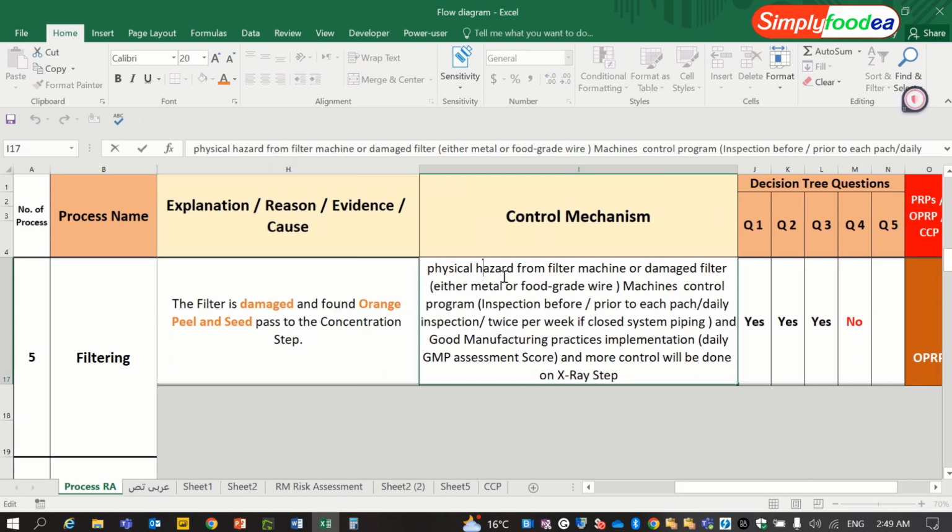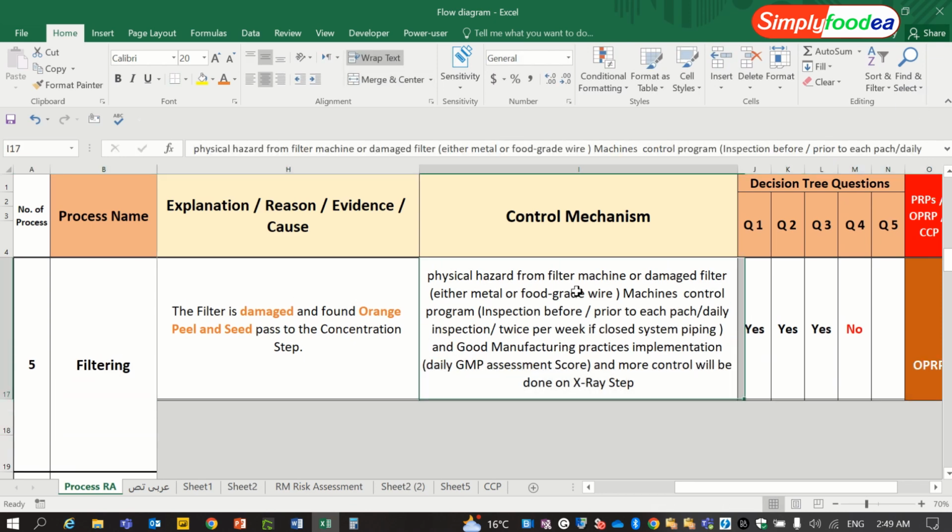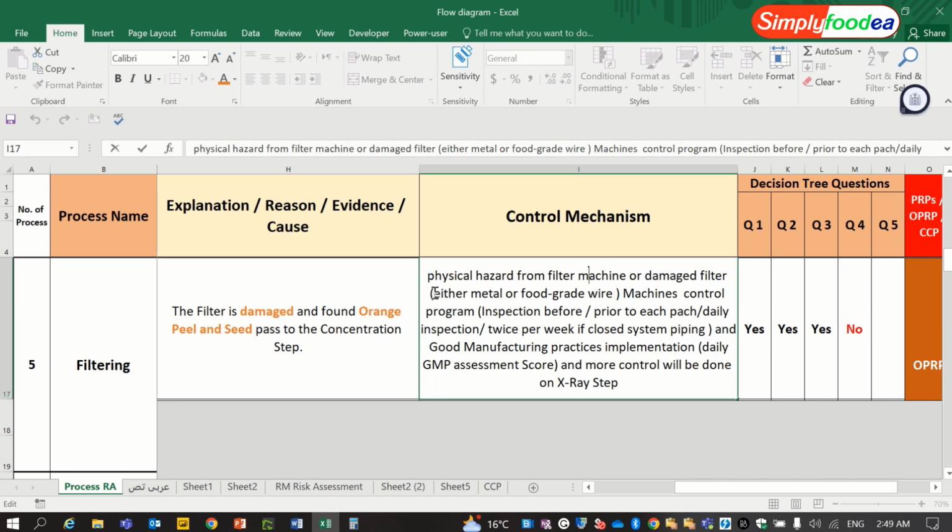So the control in this part will be from the machine, by a machine control program as with the squeezing machine.